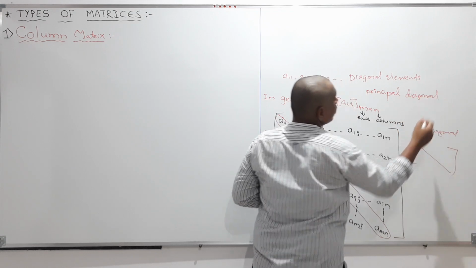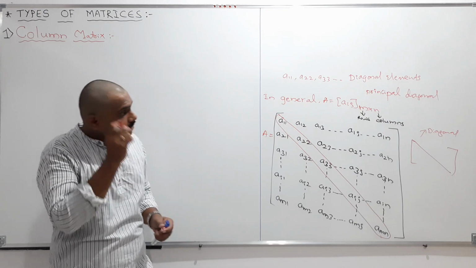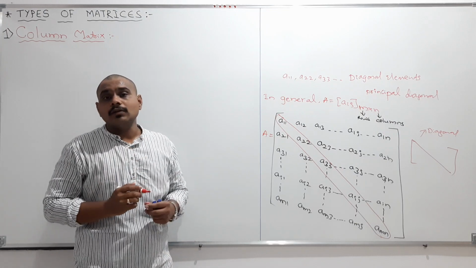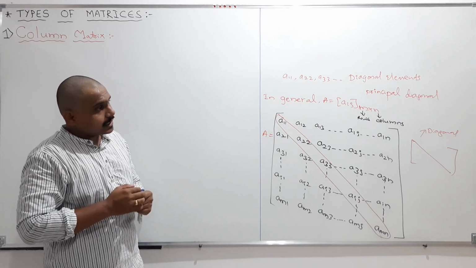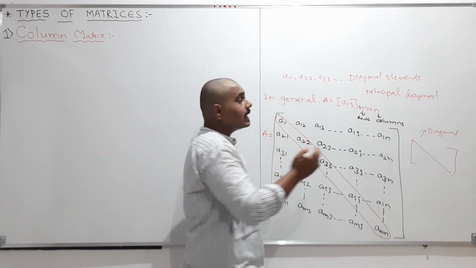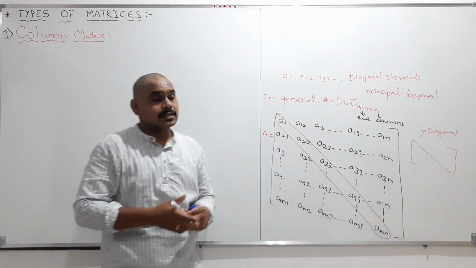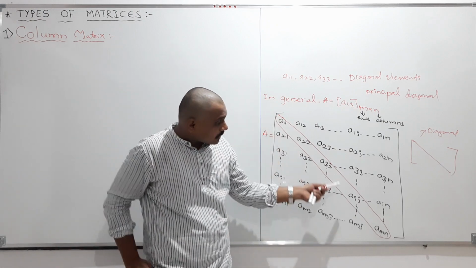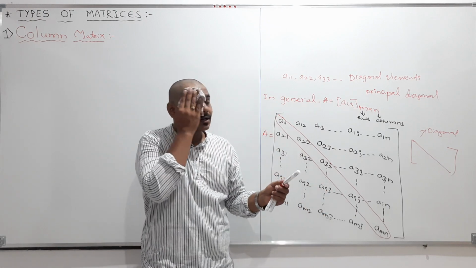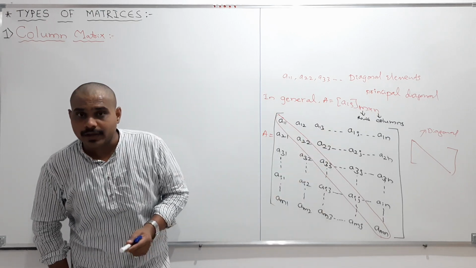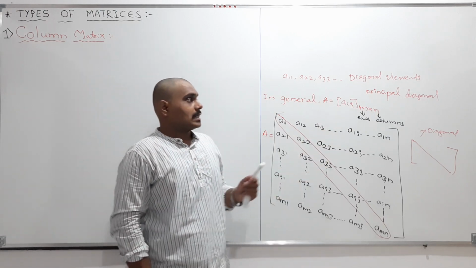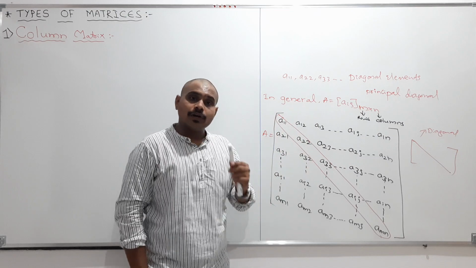Is it? So this information we should know here, or else we can also call it the leading diagonal. That line constitutes the principal diagonal, or we can call it the leading diagonal.